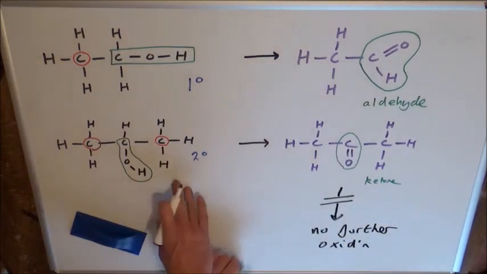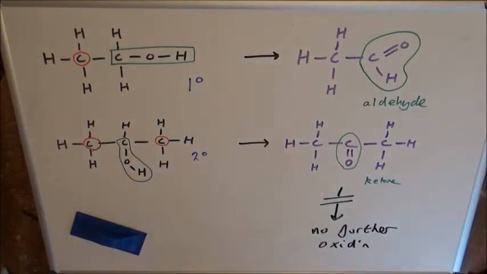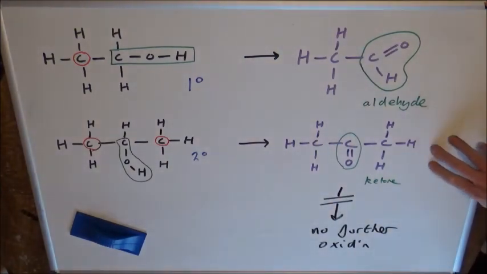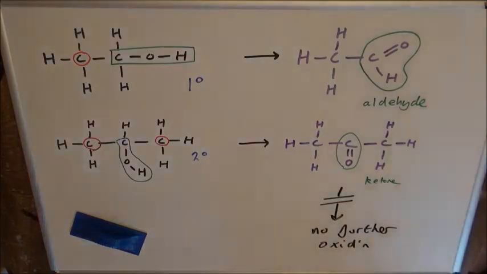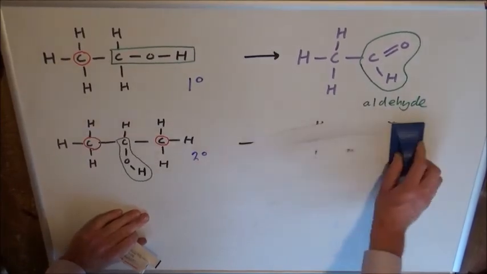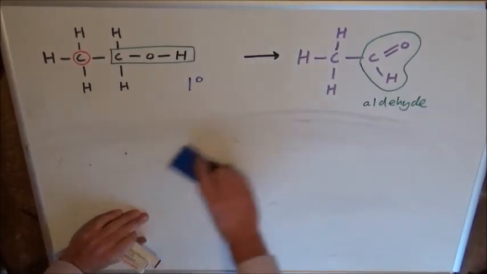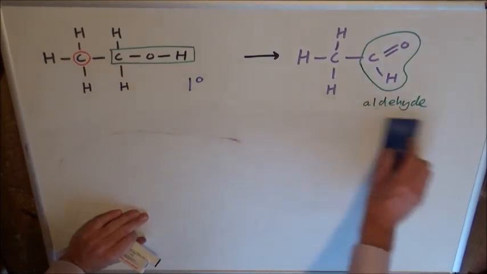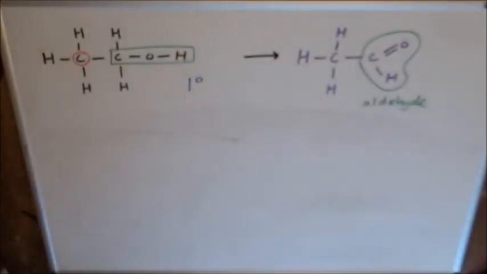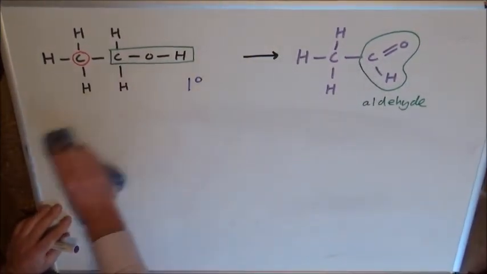So if you've got a secondary alcohol in a flask and you've got in there some acidified dichromate 6, you can reflux it for as long as you like, and you know that you will make only the ketone. Okay, but with a primary alcohol, it's very different. The aldehyde that you form is oxidised further to give a carboxylic acid. So here is our aldehyde. In this case it's ethanal.